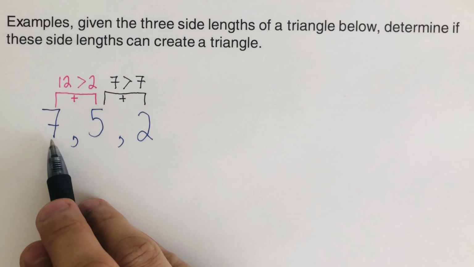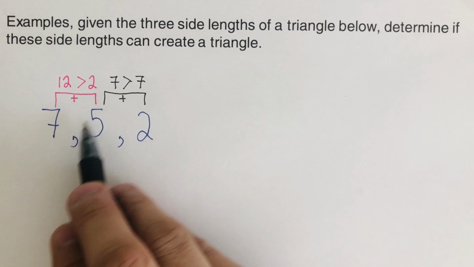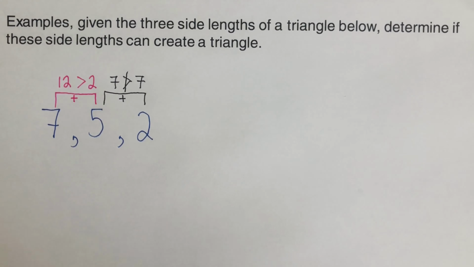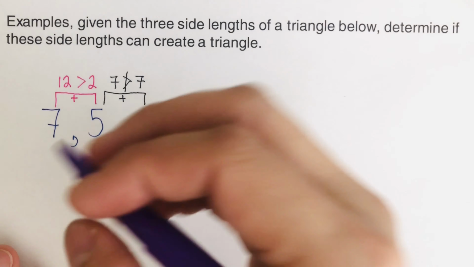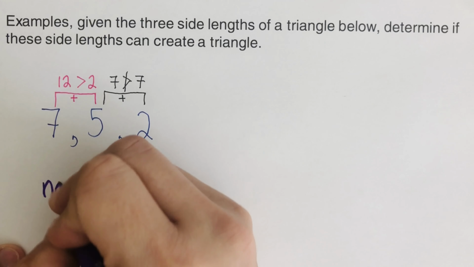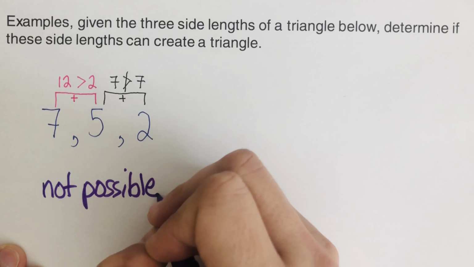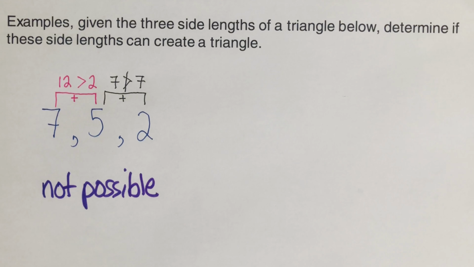It is not. They are equal. It has to be greater than 7. So this one does not work. This is not possible. Did you get the same answer as this? Good.